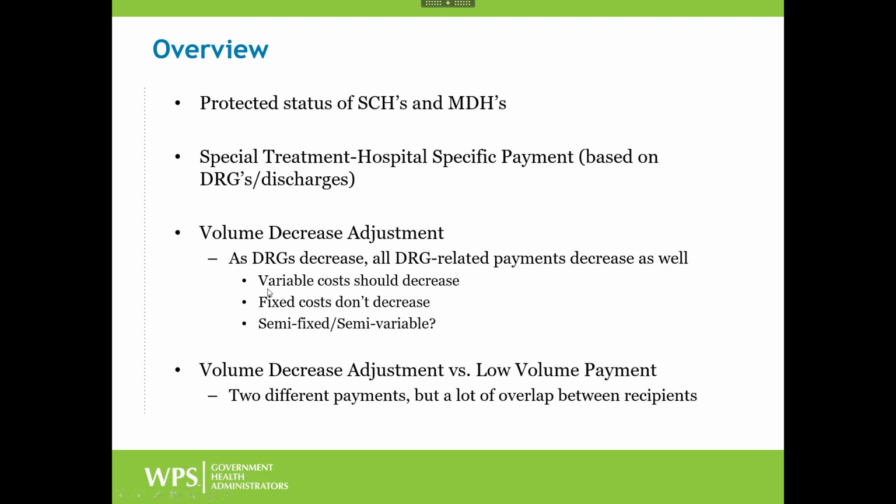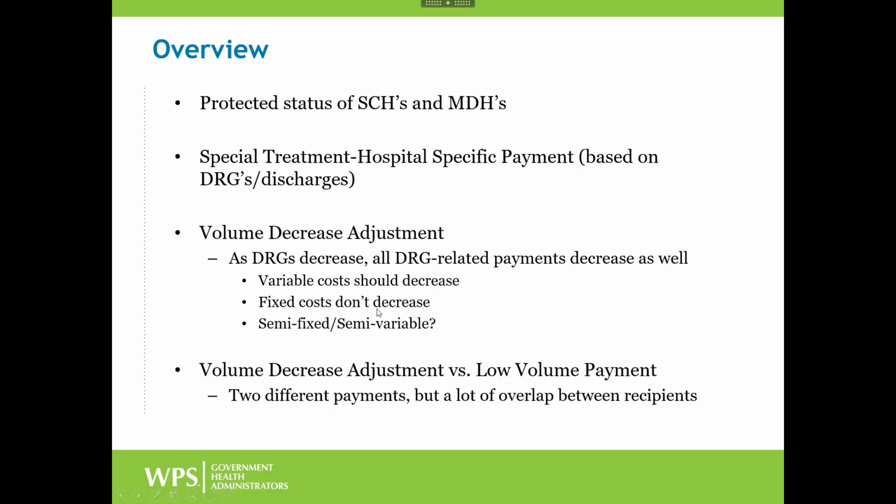So the problem is with certain types of costs. Variable costs, by their nature, will decrease as the activity decreases. So if there are fewer discharges, then there should also be fewer of these variable costs, so there's no concern with recovering those. However, fixed costs, at least in the short run, do not decrease, certainly not as quickly.